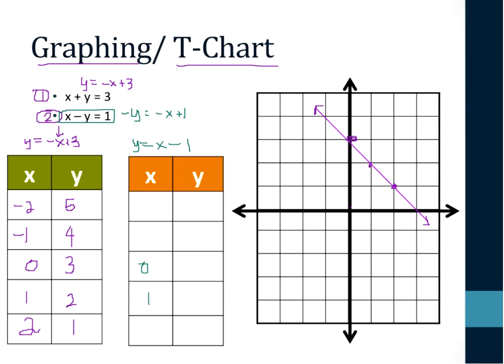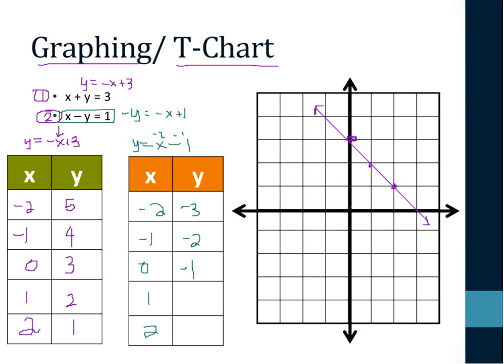And again, I like to see what happens right around the origin. Okay. So I'm again going to fill in my t-chart. I'll have a -2 minus 1 is a -3. -1 minus 1 is a -2. 0 minus 1 is a -1.